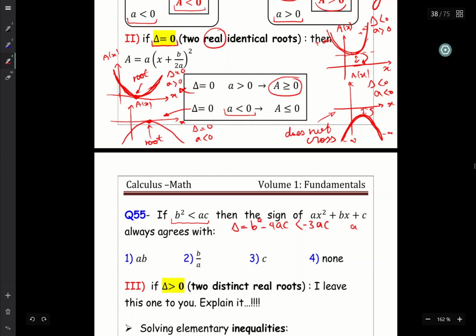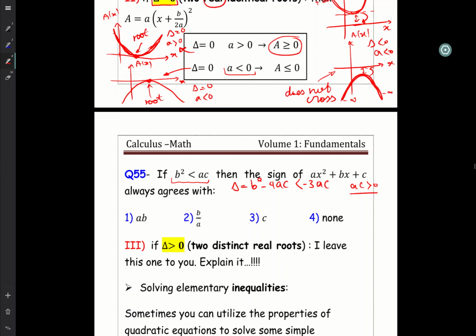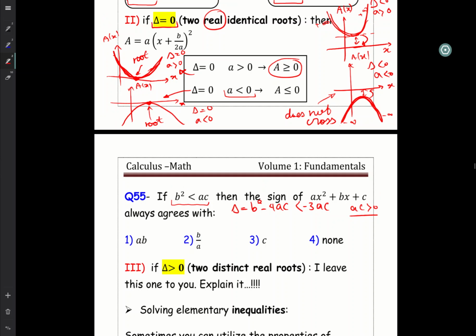So if ac is positive, this is actually an interesting question. Let's see. b squared is less than ac, therefore minus ac is greater than minus b squared, right?